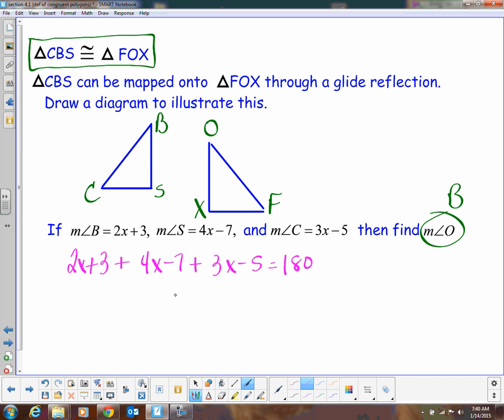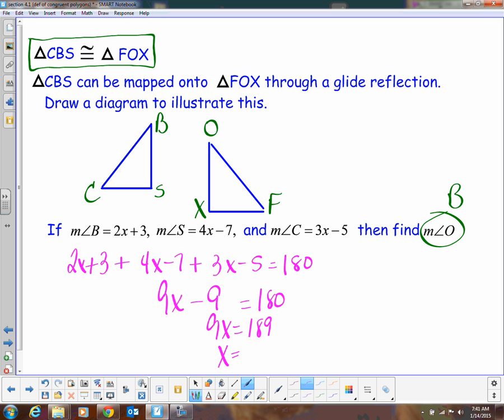2x, 4x, 3x is 9x. And let's see, 3 subtract 7 subtract 5. Well, 3 subtract 7 is, and then subtract 5. Right. So you're going to add 9, so you get 189.